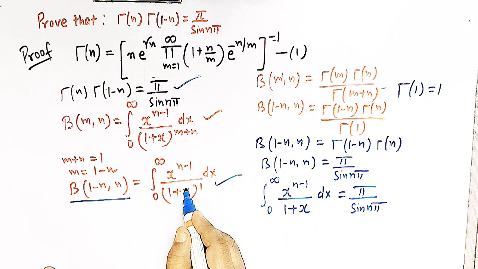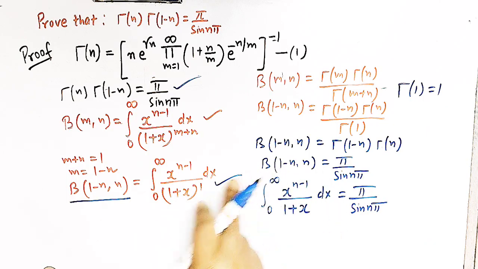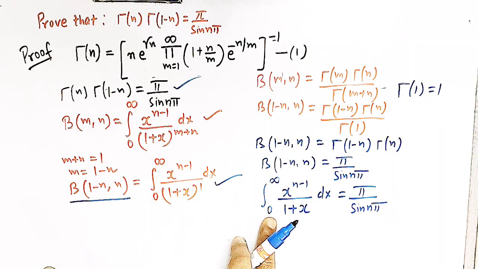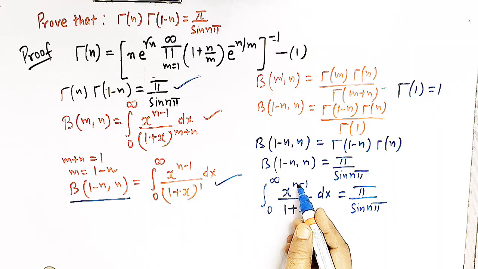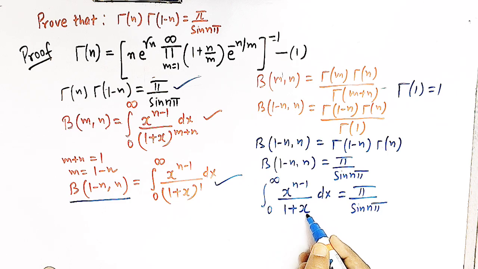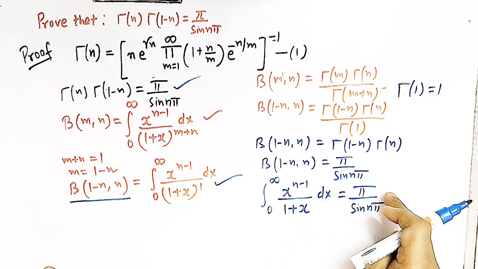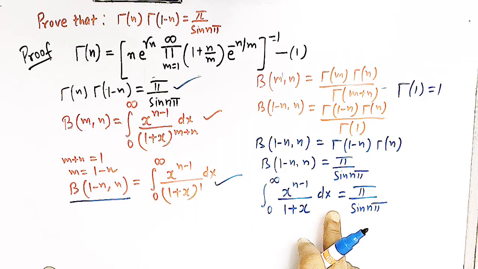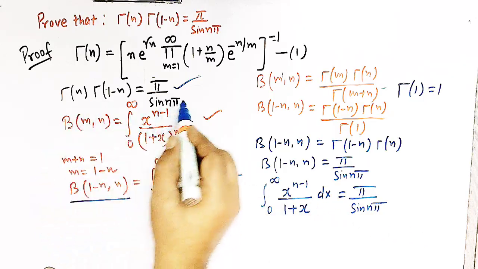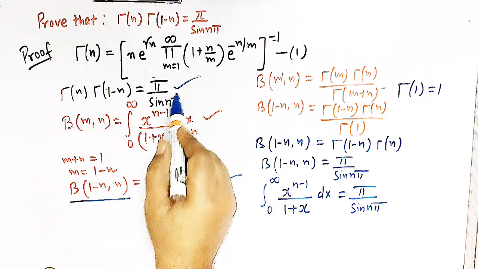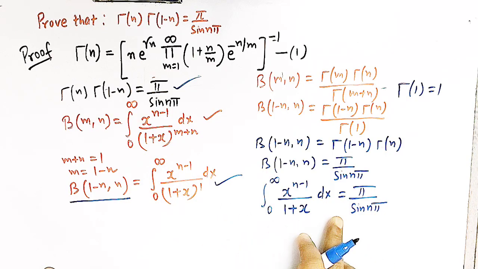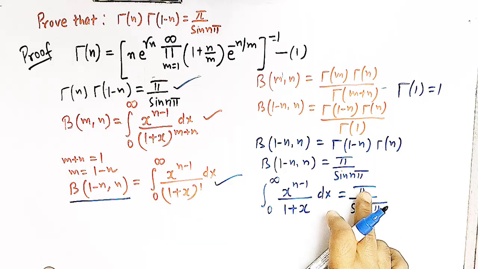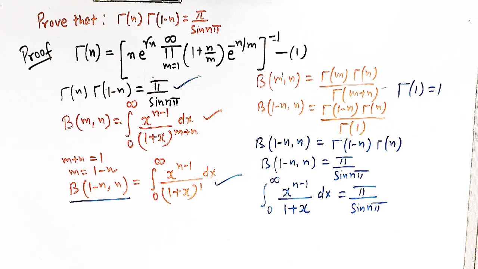Because in these two equations the left hand sides are the same. So this is how, by making use of Euler's reflection formula, we can find the value of this integral equal to pi divided by sine n pi.